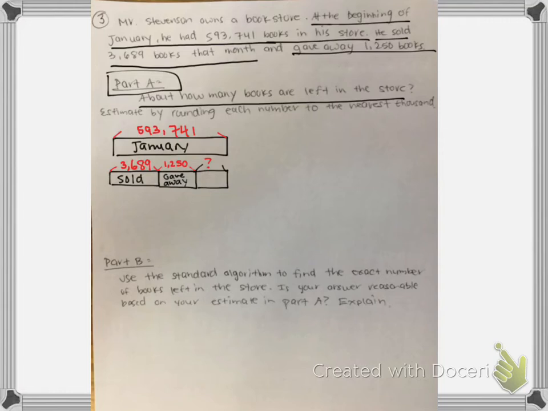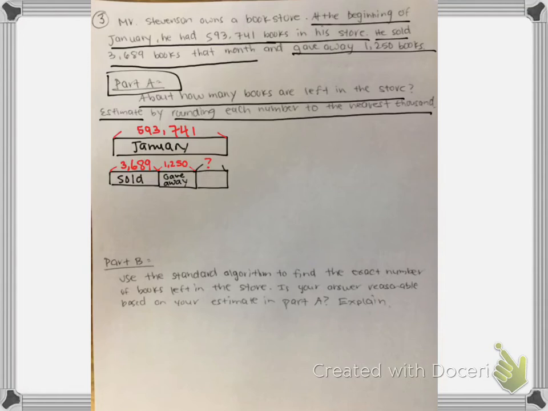But you have to continue to read, because this is a big section of what got kids wrapped up into just solving right away instead of reading the instructions. You need to estimate here by rounding each number to the nearest 1,000 and then solve. So we have to round to the nearest 1,000 and then solve. So let's do that. We are going to round each number and then solve, okay?